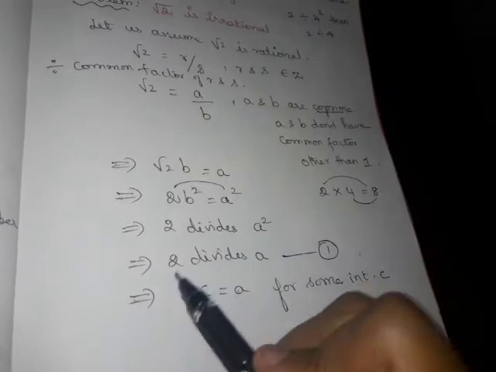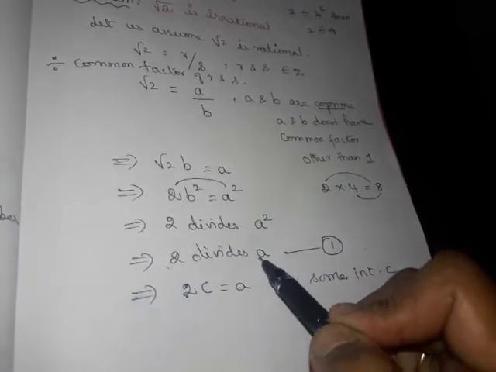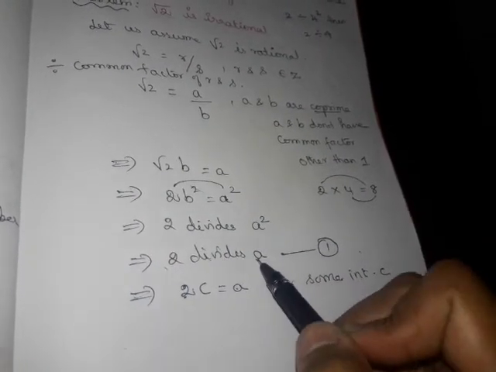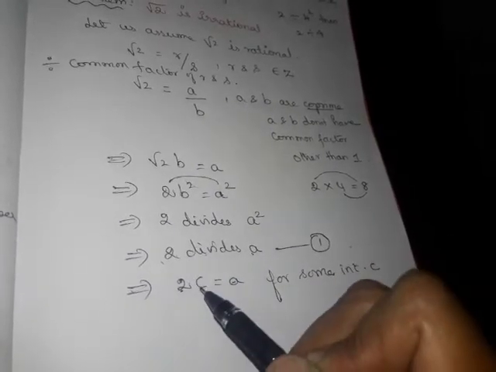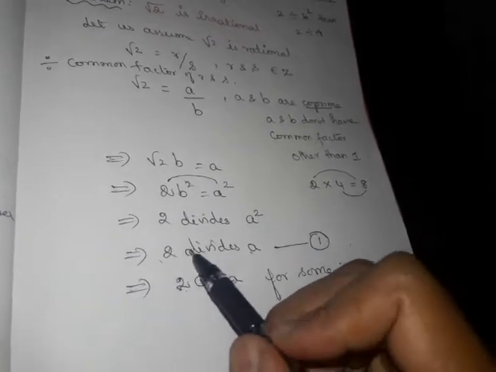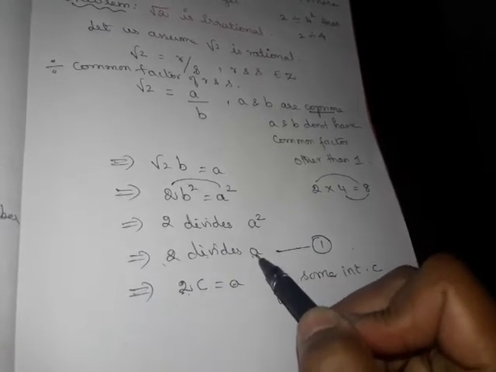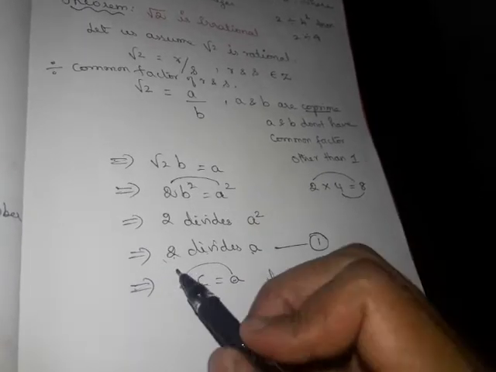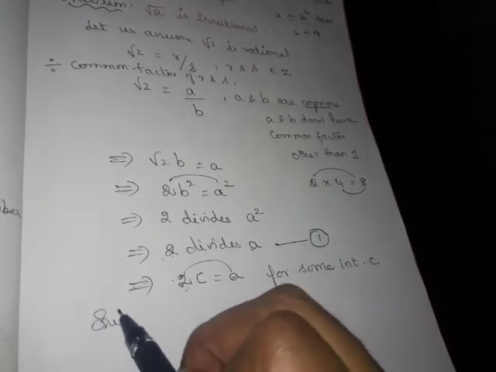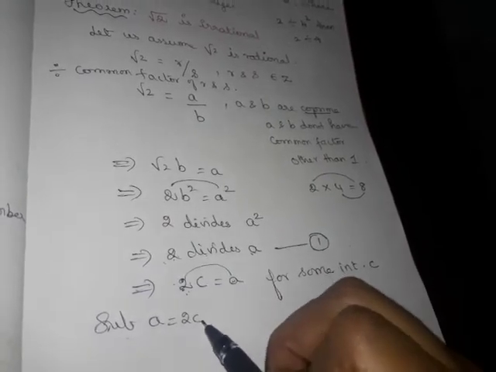The same concept, 2 divides A. This is Euclid's lemma. 2 divides A, which means I can write A as a multiple of 2. Then only 2 will divide A, right?